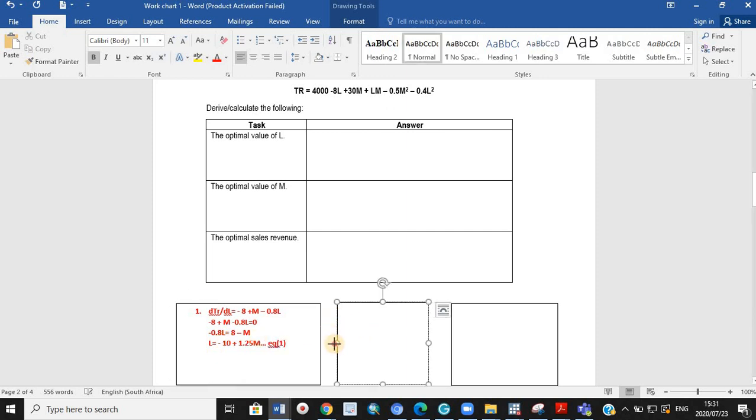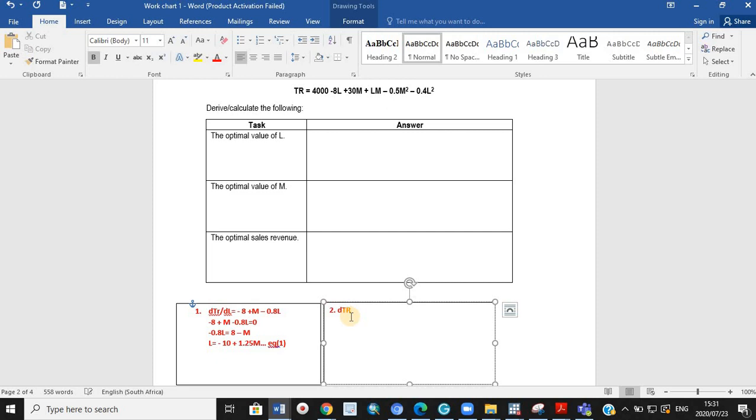So now let's do our equation 2 to get one to substitute, right? The same applies here too. We need to get the partial derivative of the same TR with respect to M. This is going to be, again, this 4000 is 0, 8L is 0, we will say 30, plus L, minus M. Very good.